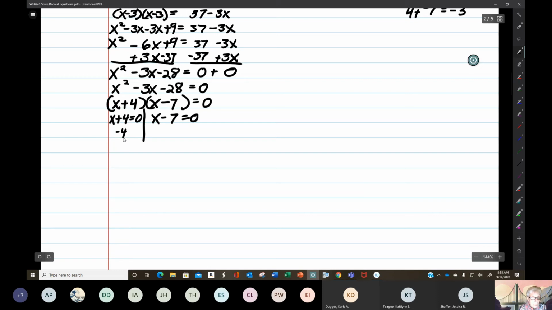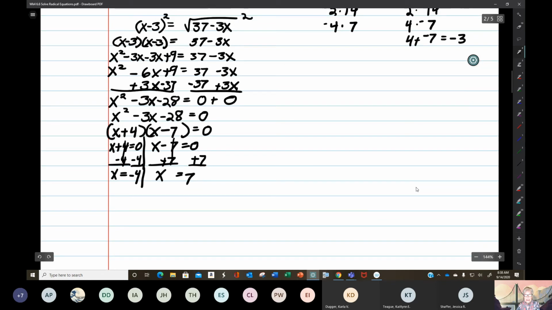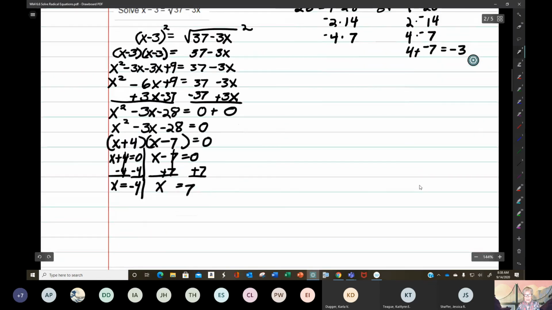So subtract 4, x equals negative 4. And add 7, x equals 7. So now my two possible answers are negative 4 and positive 7. So what I'm going to do is check both answers.